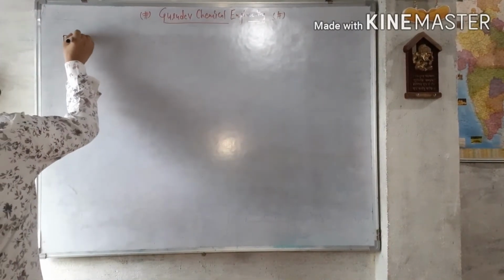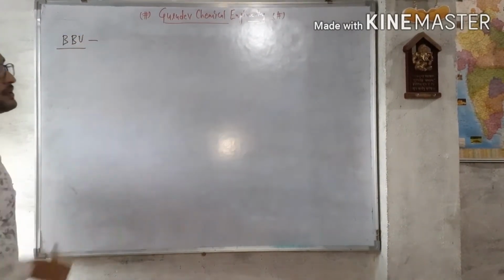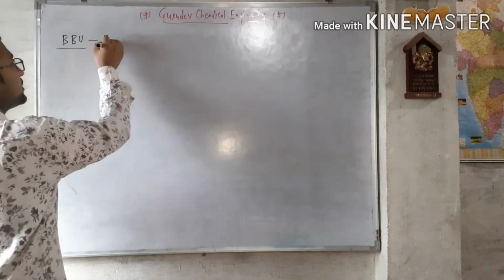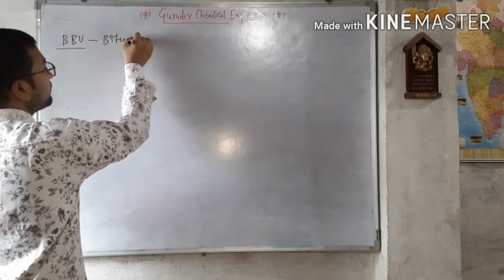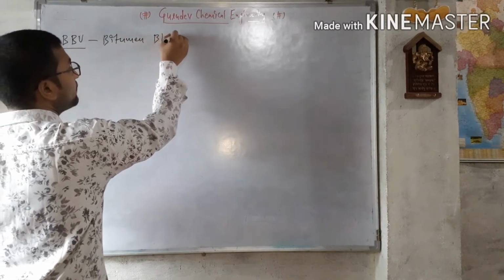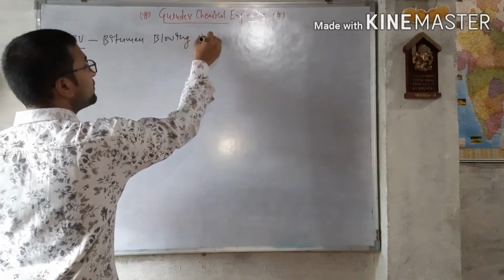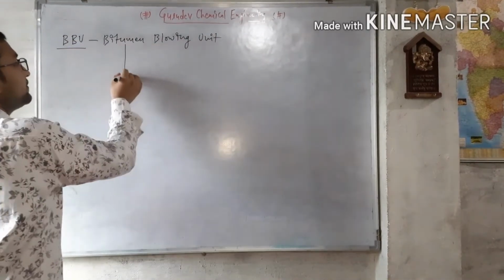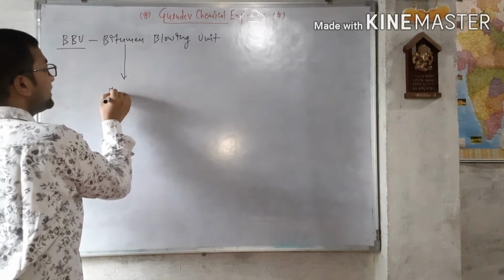So we will cover the new unit, that is the bitumen blowing unit. BB stands for bitumen blowing unit. So what is bitumen? Bitumen is nothing, it is a binder.